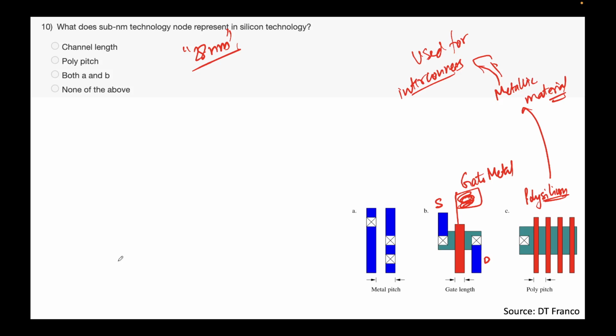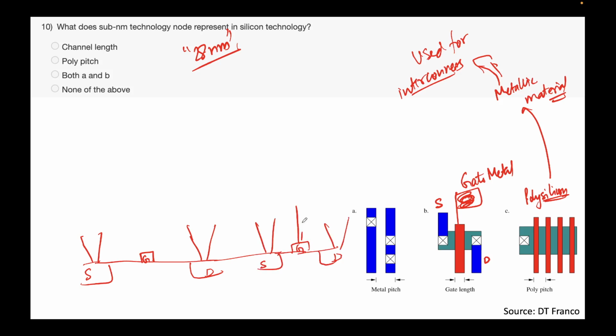What happens is that we make these pillars, and let's say there is one more device with the same source, drain and gate. What you want is for these two devices to have the same gate voltage, right? So you route it in 3D. This is the front view that you're seeing.